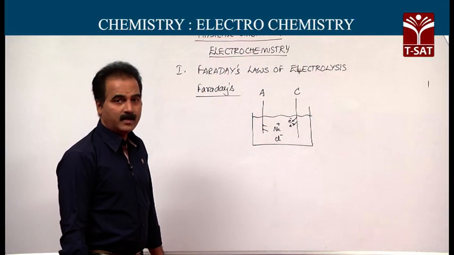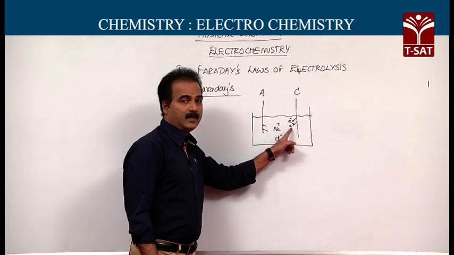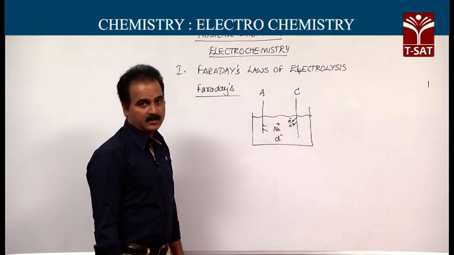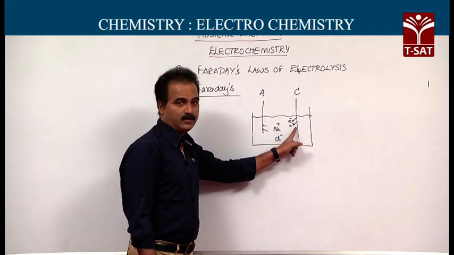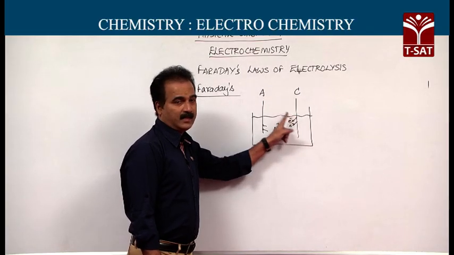Now, according to Faraday's first law, the weight of the substance reacting at an electrode is directly proportional to the quantity of charge passed. Means how much current we are passing through will decide how much quantity interacts at the electrode.